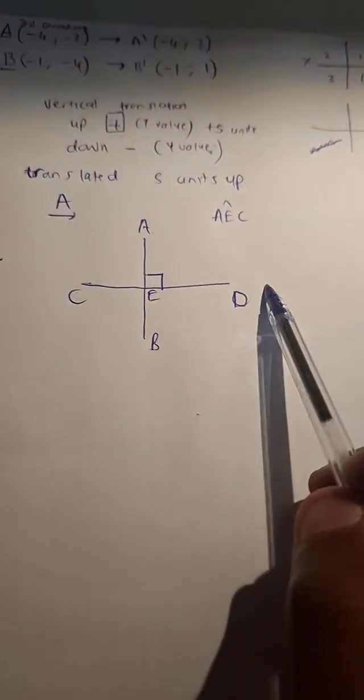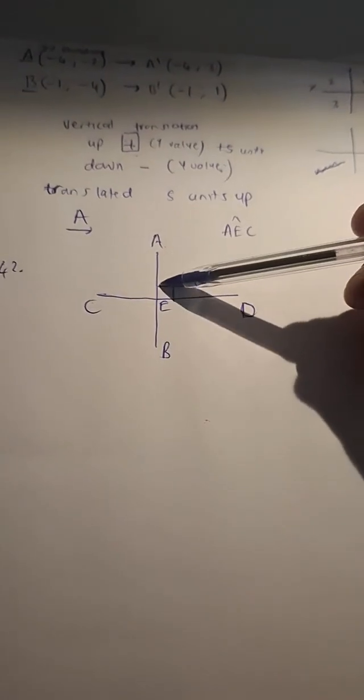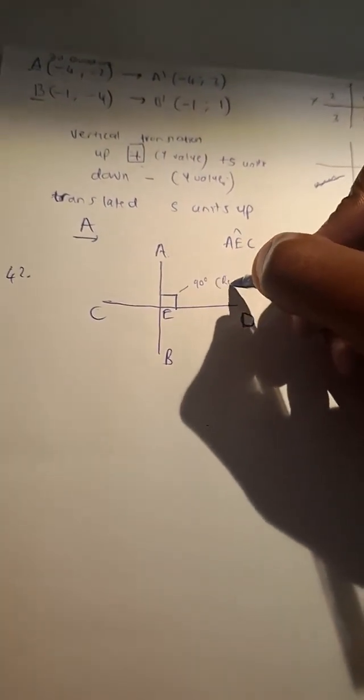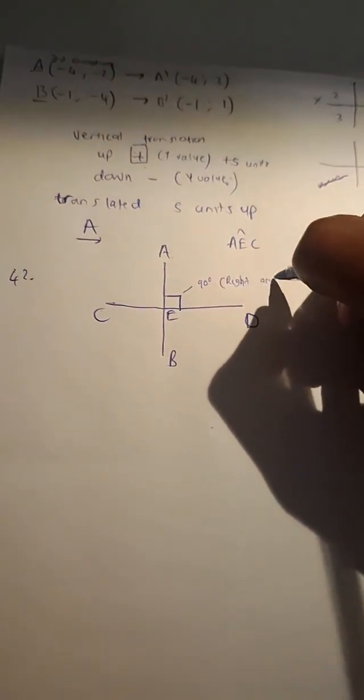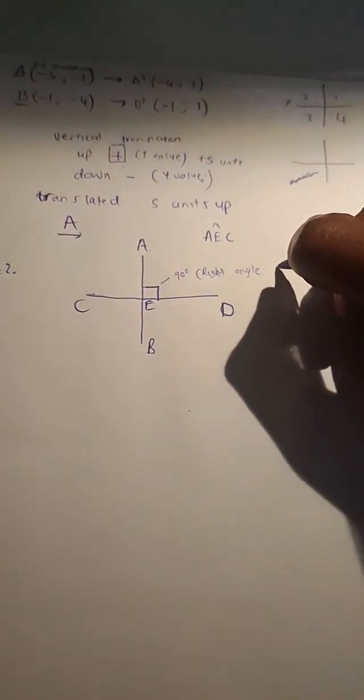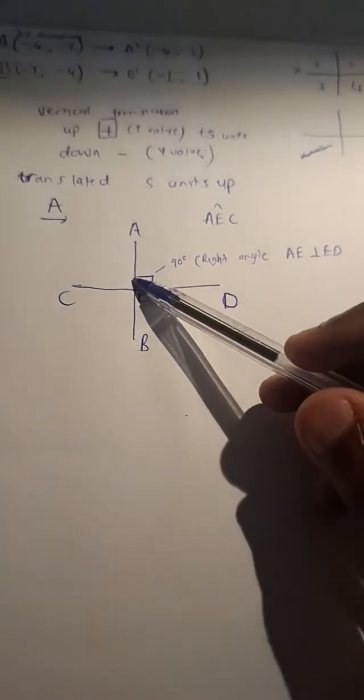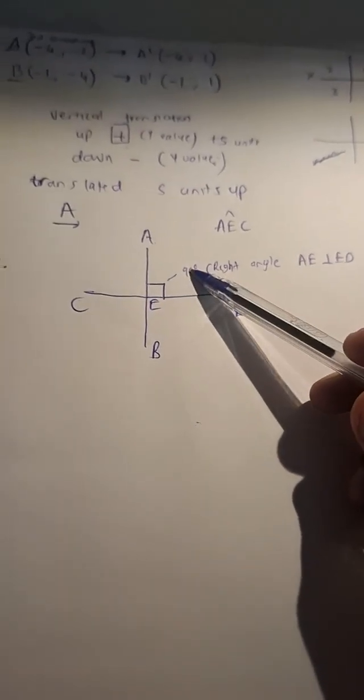Now CD, guys, is a straight line. AE, because of this square here, means 90 degrees, right angled. We also say AE is perpendicular to ED. So this box here means 90. CD is a straight line.